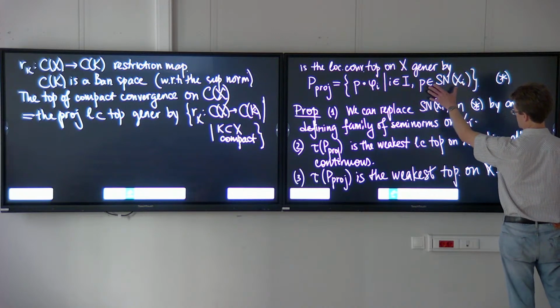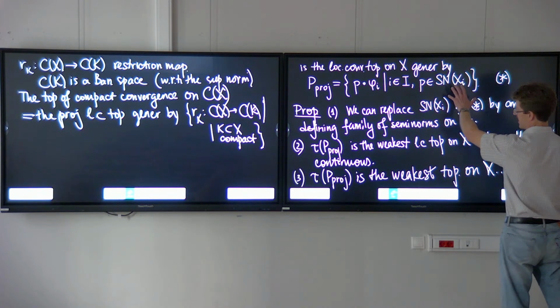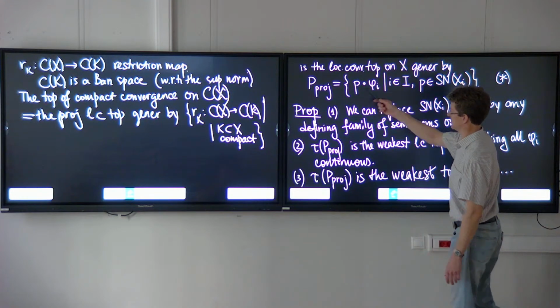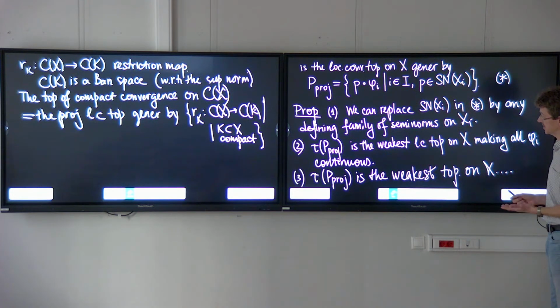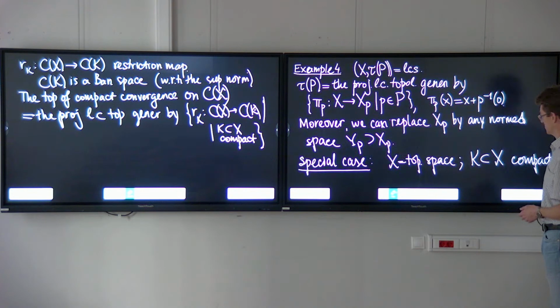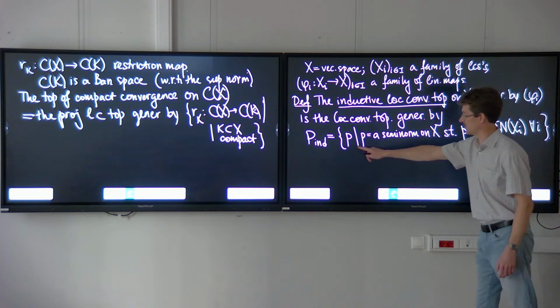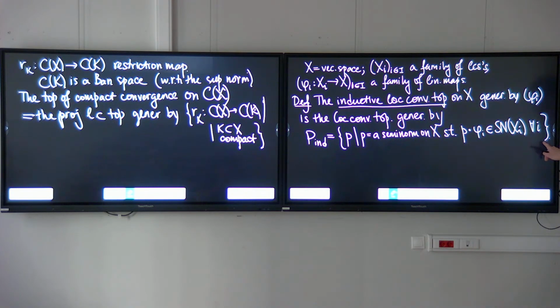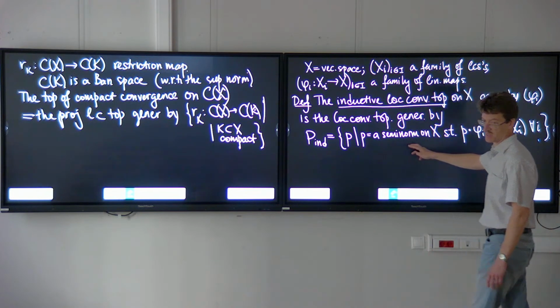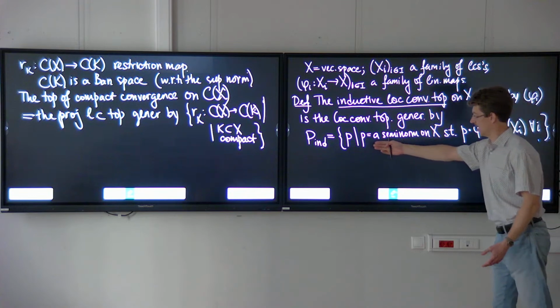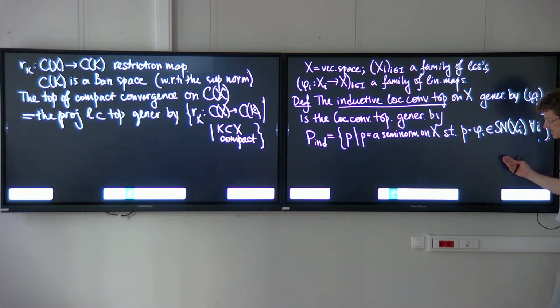When we start with an arbitrary defining family of seminorms on every X_i, we simply compose these seminorms with phi_i, and we get a very concrete family of seminorms on X. Here, the situation is quite different. Here, the respective seminorms are described by a certain property. All such seminorms have to be continuous. But there is no explicit construction of all such seminorms P. We only describe a certain property which has to be satisfied, but we don't have any explicit construction of such seminorms P.